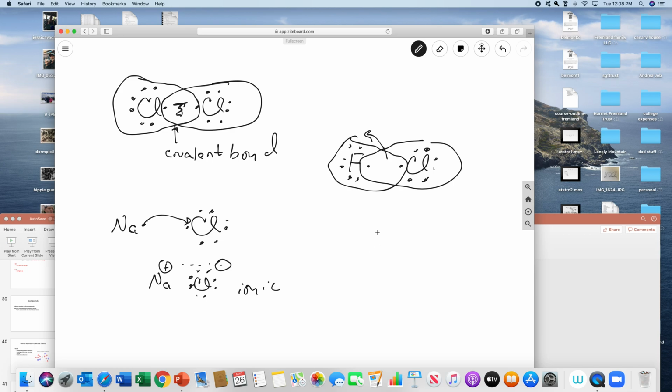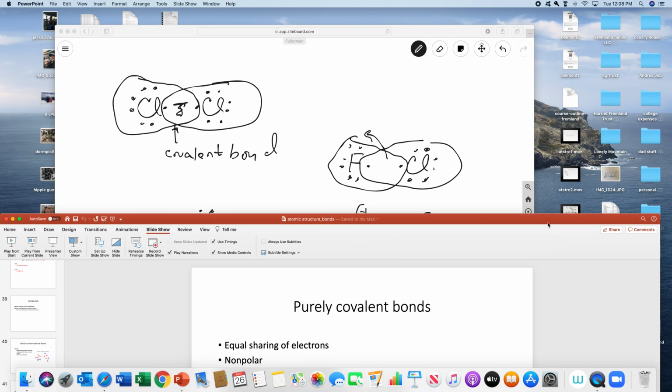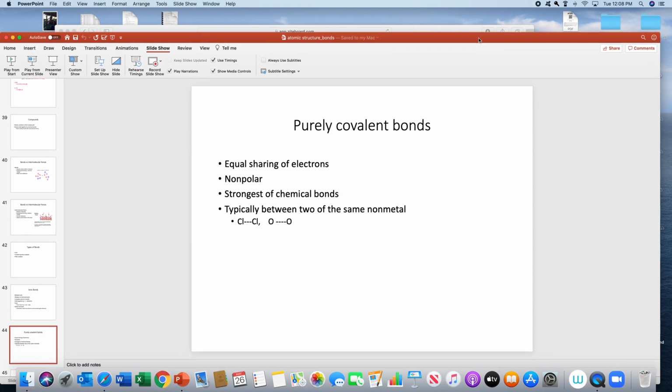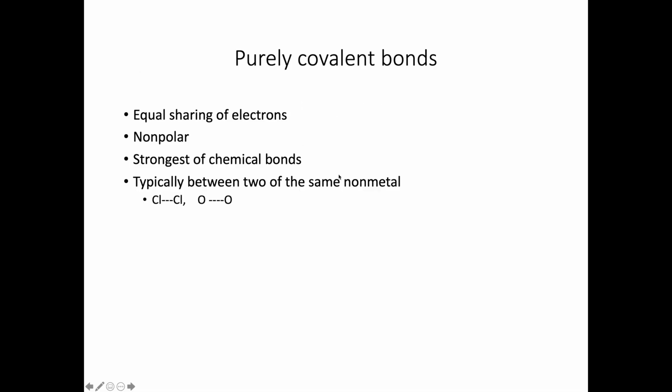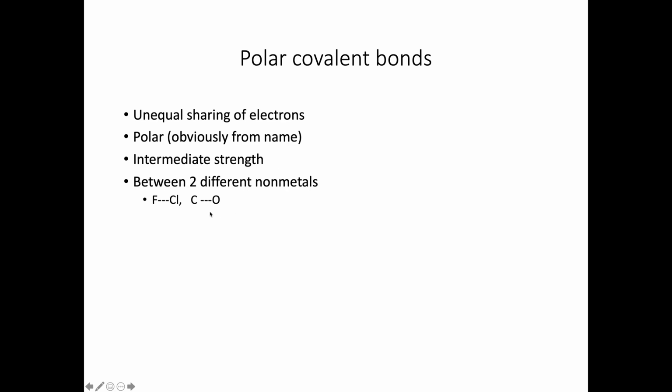And if you looked at the electrons as a layer, kind of like a cloud, you get this kind of teardrop shape here, where we have a negative on this side and a positive. That is polar covalent because it's unequal sharing. If that confuses you, we'll spend more time on it later on. But just to get a feel for that, all right? So if the same nonmetal, they're covalent, 2 different nonmetals, it's going to be polar covalent.